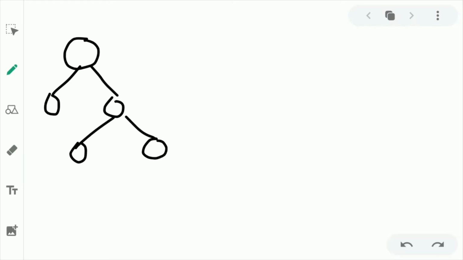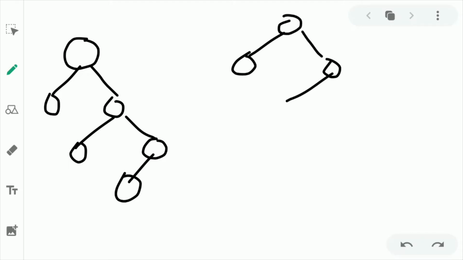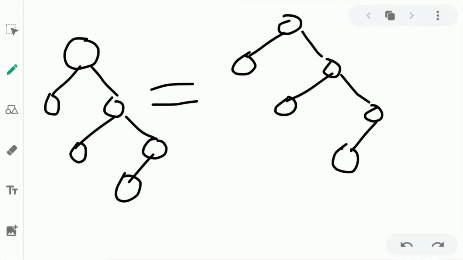So let's say this is one tree, and another tree is this, like this. So when can we say these two trees are exactly same?